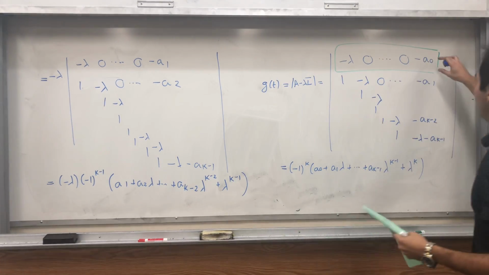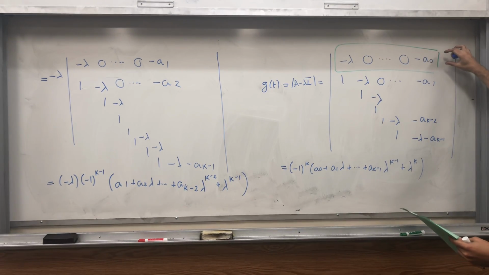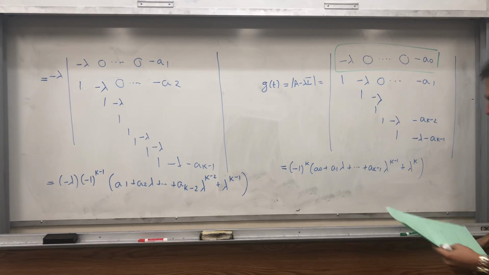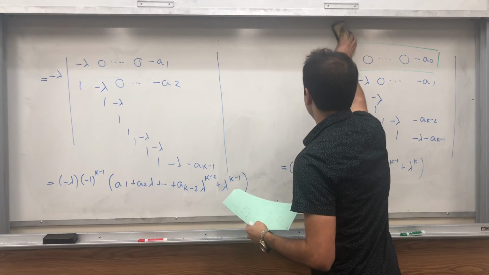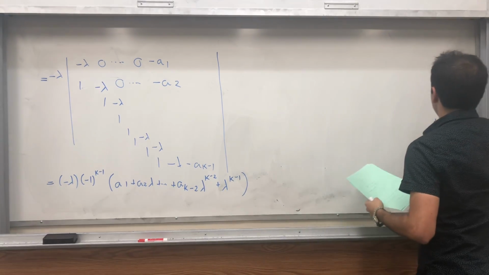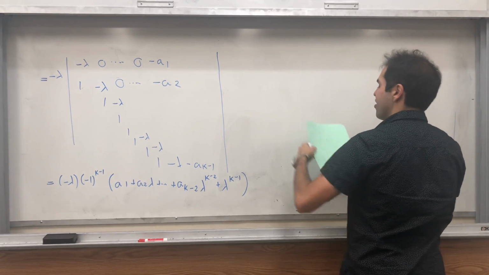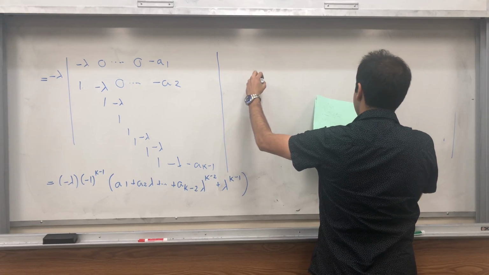And you have to add now this term, so minus a0 times the rest of the determinant, which here is actually not that bad, because basically all the other terms cancel out.